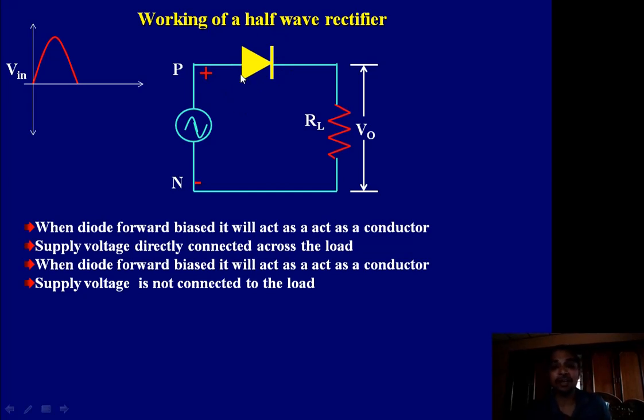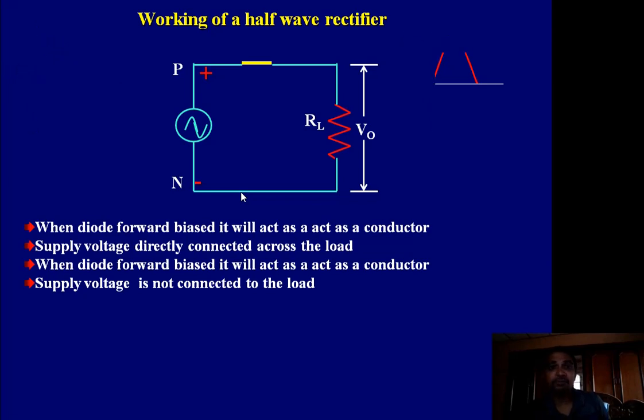It is forward bias, so it is like a short circuit. In the ideal case, I am taking zero resistance, almost short circuited. It will directly supply whatever voltage you apply to the output side. There is no drop across it, so the output voltage is the same as the input voltage. This is the operation in the positive half cycle.